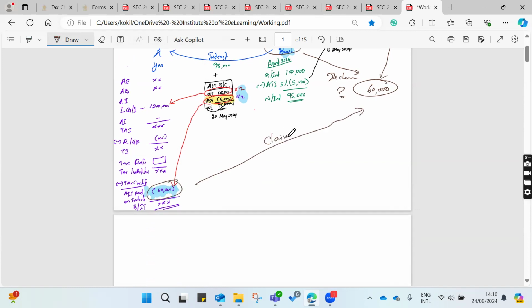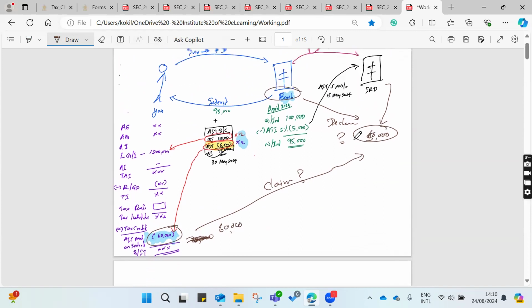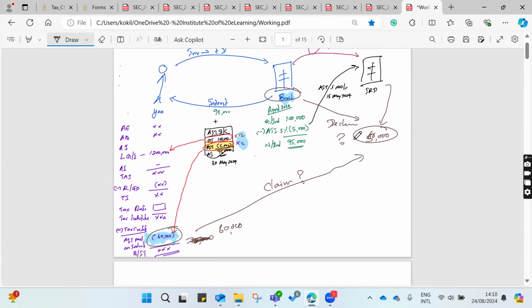Let's say you are claiming 60,000, but the bank has declared only 50,000. Will you get the 60,000 credit? No. Because this is a kind of third party verification before granting the credit, IRD will go ahead with the bank schedule to see whether they have declared properly what credit you are requesting. Hope it's clear to everyone.